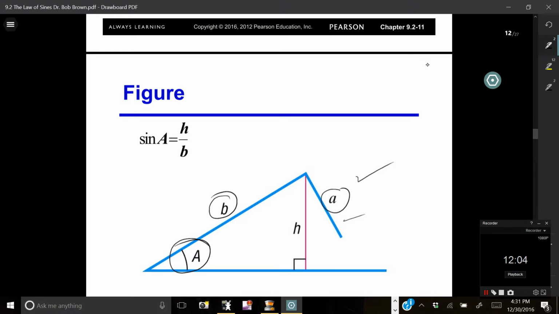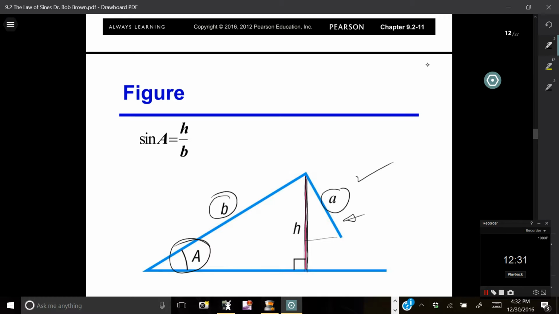Notice, if A is not long enough that it can reach the other side, then you don't have a triangle. Now notice, it's got to be equal to the height of this triangle, this H I just drew.